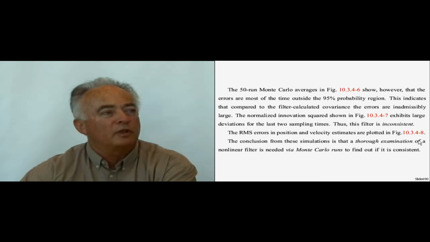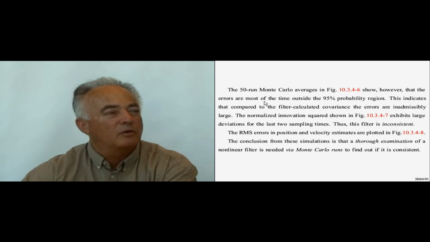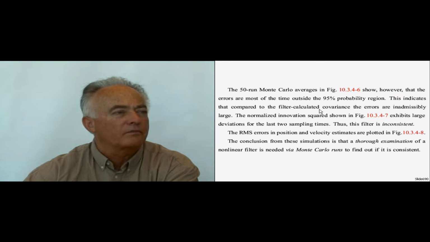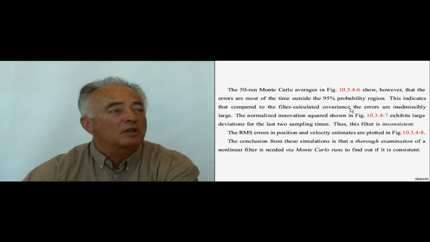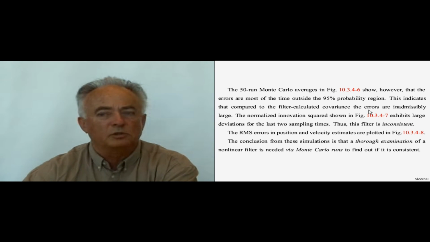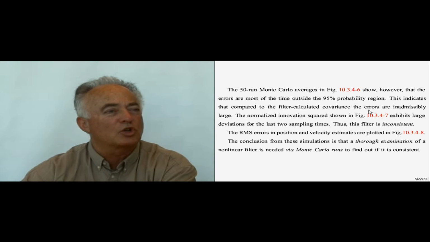Okay, so the 50 run Monte Carlo averages show that the errors are quite a big fraction of the time outside the probability region, and what this indicates is that the filter calculated covariance is optimistic because the errors are too large, so the covariance is small compared to the errors, or the errors are too large compared to the calculated variances.